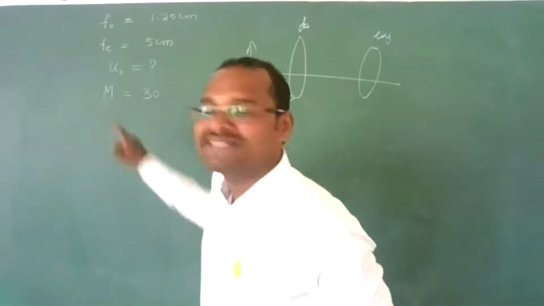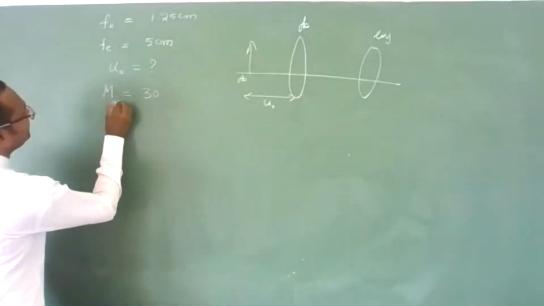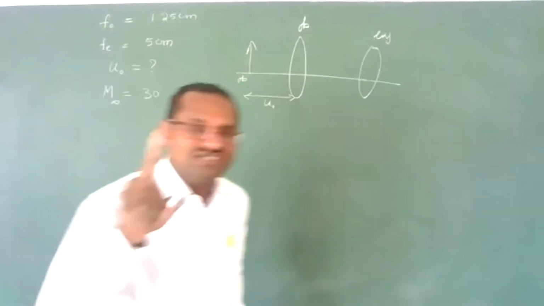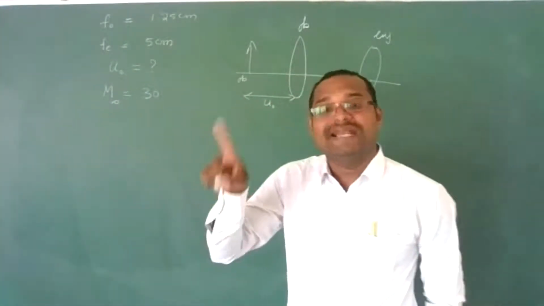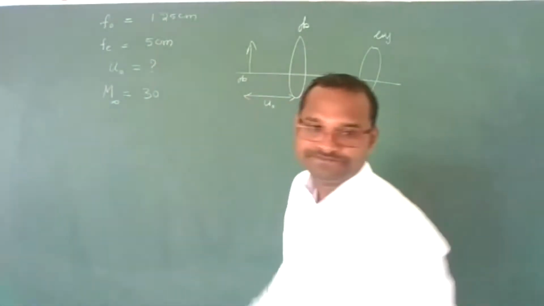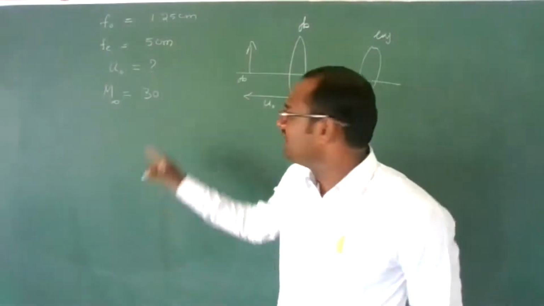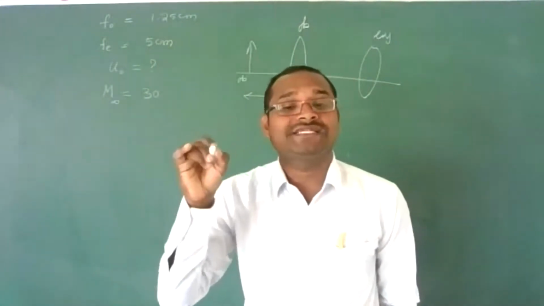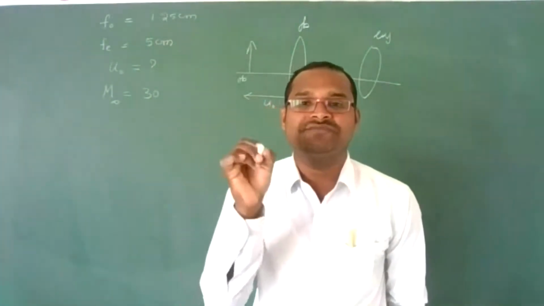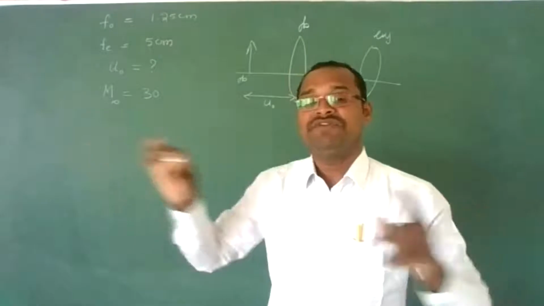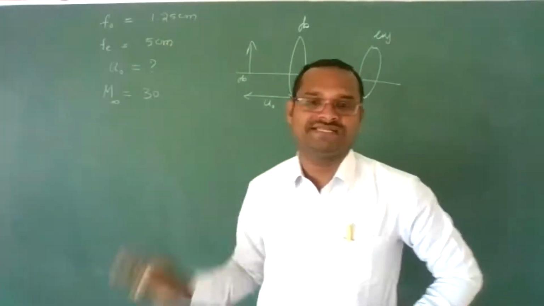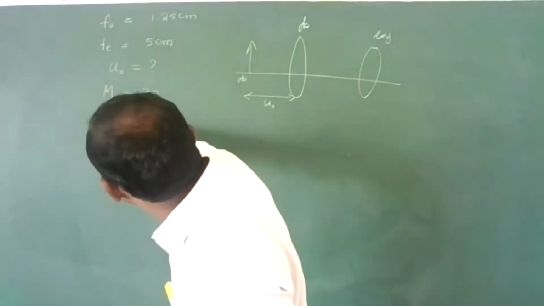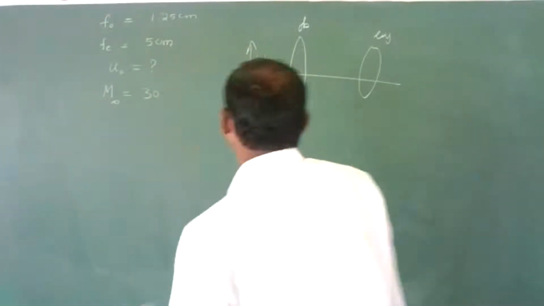In the question they are not saying that the image forms at infinity, they are saying normal adjustment condition. Normal adjustment means relaxed eye, means when the image forms at infinity. That is normal adjustment. Okay? In this situation, what is u naught? This is the question. Okay?